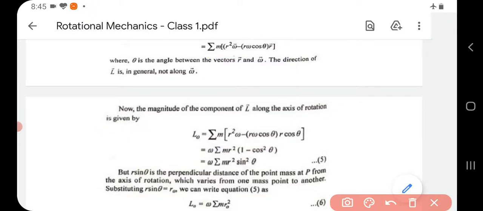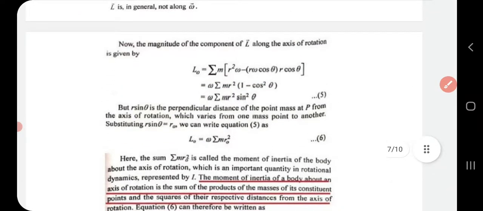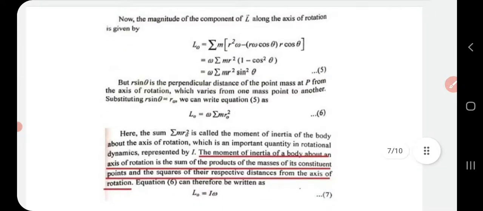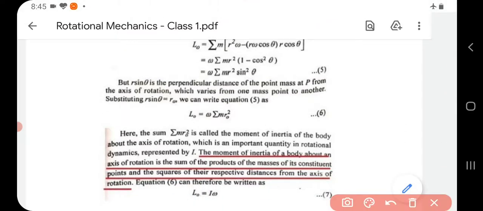Okay. Here as you already know, r sin theta is the perpendicular component, so r sin theta will give you the perpendicular distance of the point mass at P from the axis of rotation. So now you are going to rewrite this. Here this component of angular momentum, capital letter L, along the axis of rotation is denoted by L0, right?